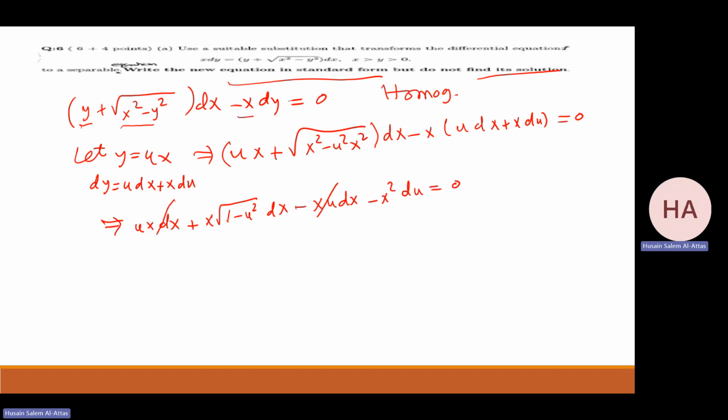This is cancelled. So I have x root 1 minus u squared dx equal x squared du. So dx over x equals du over square root of 1 minus u squared. So that will be my answer.